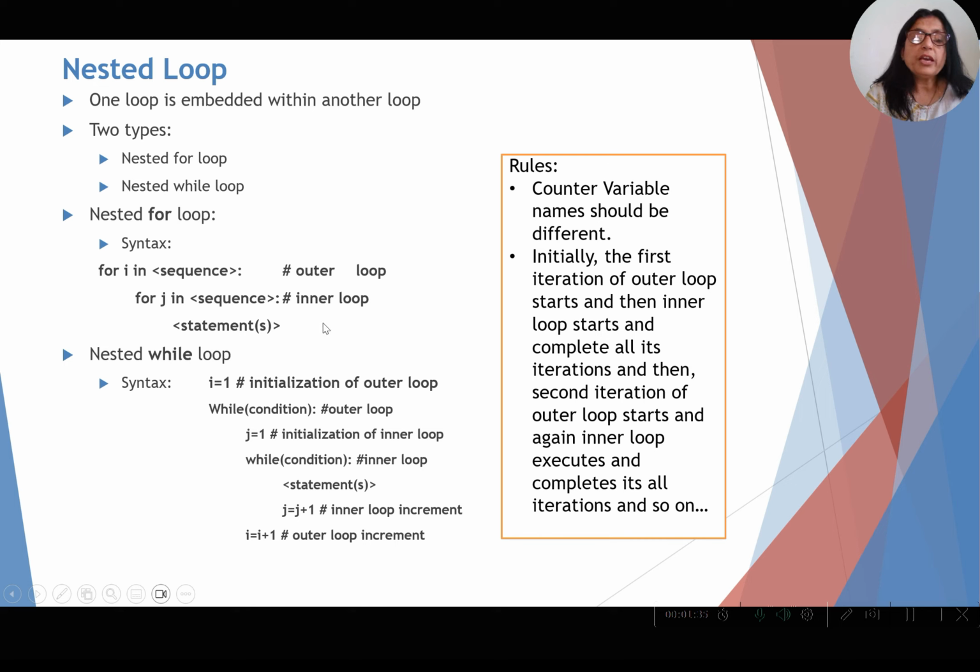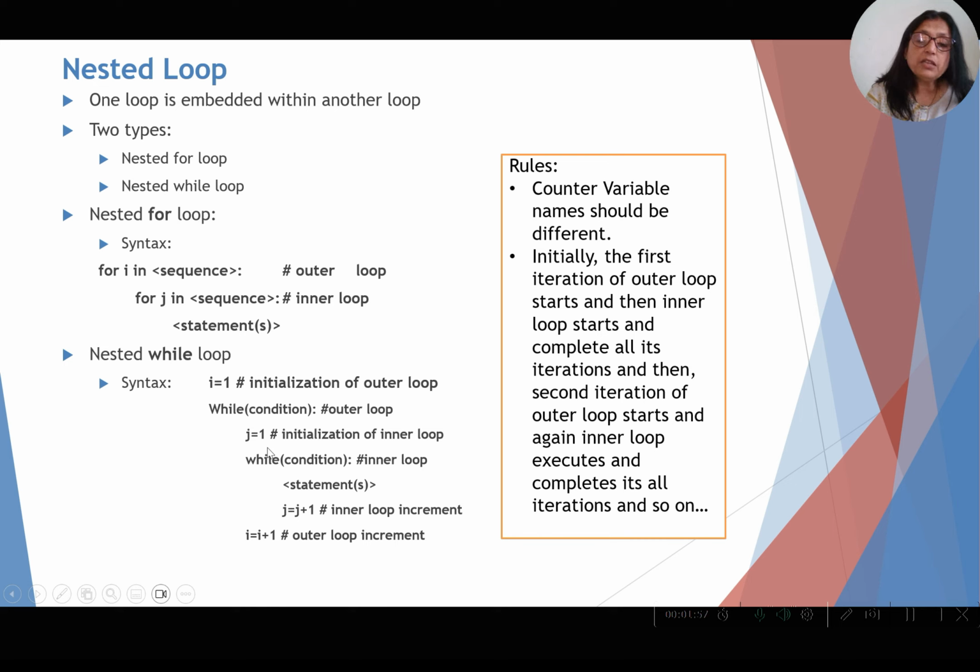Then the nested while loop. In a nested while loop also, one while is enclosed within another while. Here i equal to 1 is the counter variable, the counter variable for the outer loop. First is the initialization of the counter for the outer loop, then the while condition.